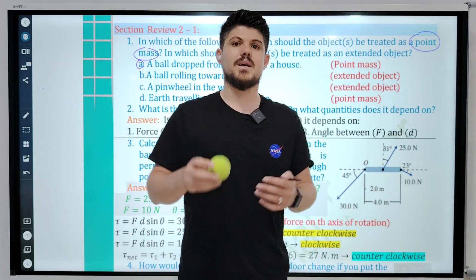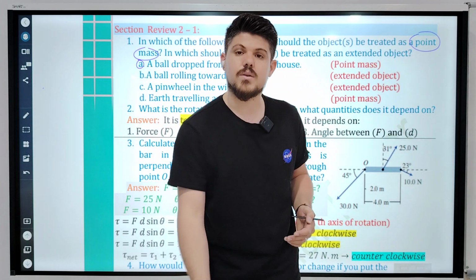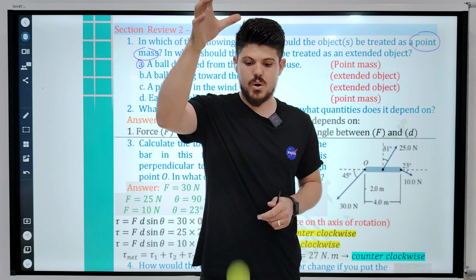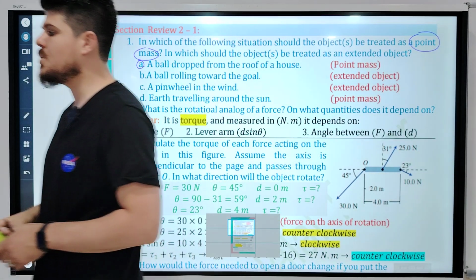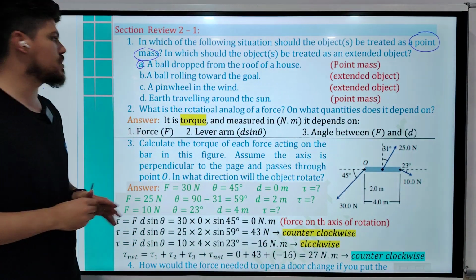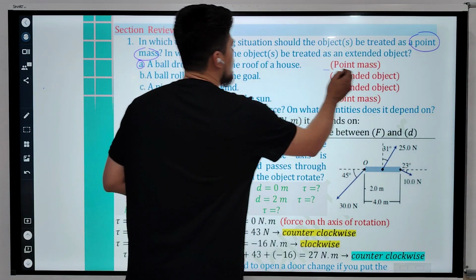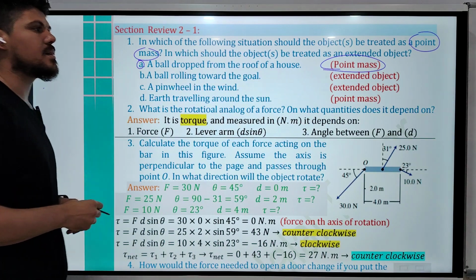The question didn't say rolling down from the roof. In the case of dropping, the ball was moving downward without rotating, so we have only translational motion and it is treated as a point mass.